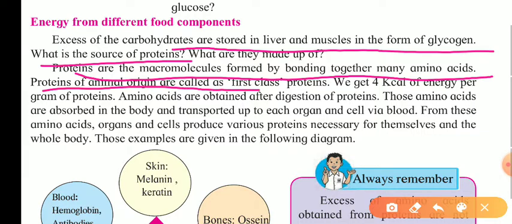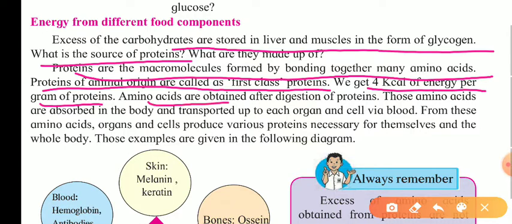Proteins of animal origin are called first class proteins. We get 4 kilocalories of energy per gram of protein, like carbohydrates. When we spoke about carbohydrates, we also studied 4 kilocalories of energy per gram. Similarly, from 1 gram of protein we get the same amount of energy.